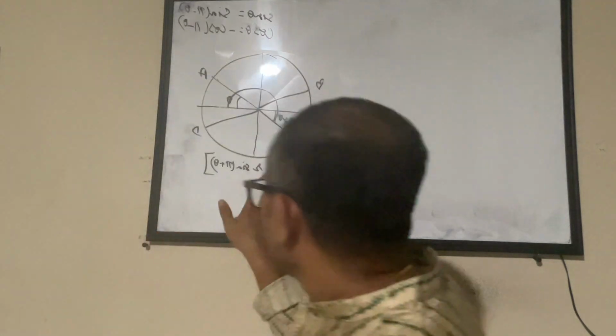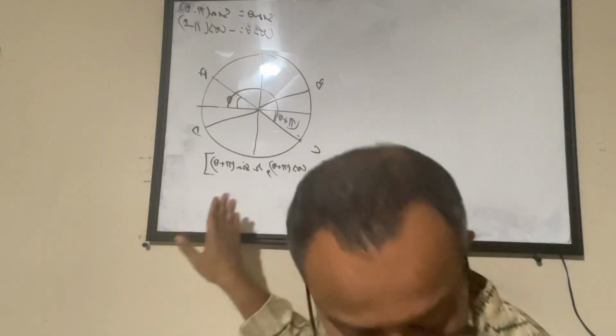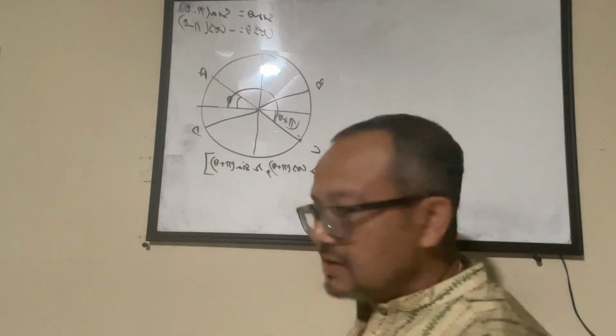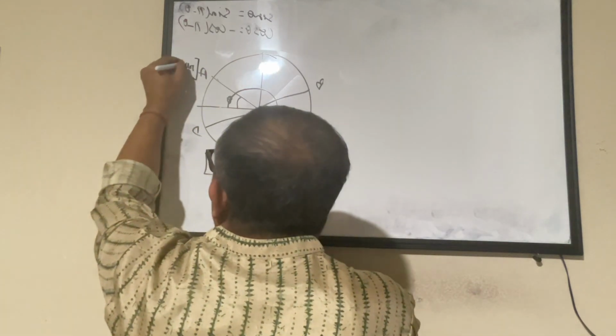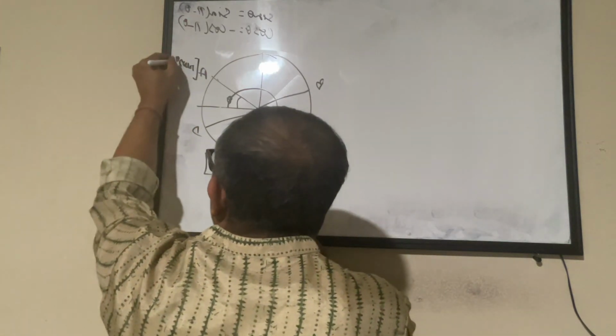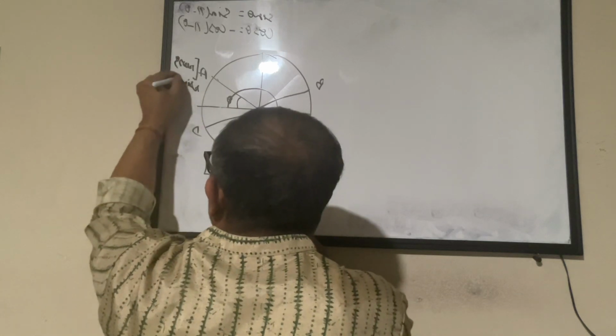No issue with these things, right? And this one is r of cos theta, r of sine theta, no issues.